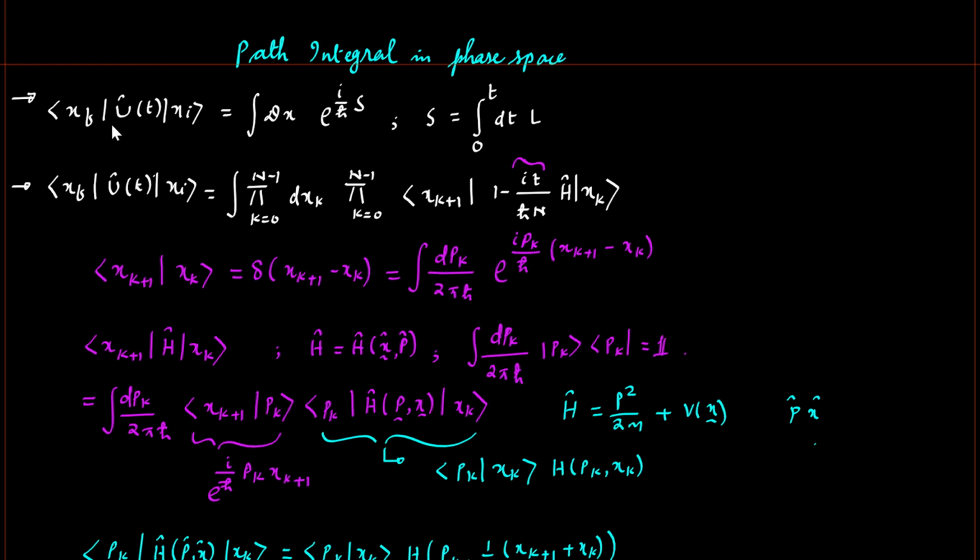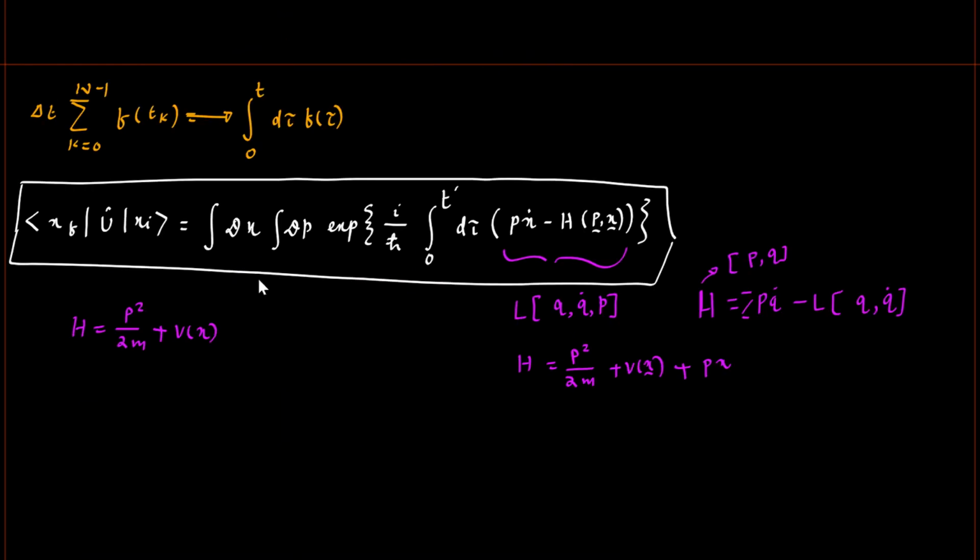Here there is no momentum integral. Whenever we choose a Hamiltonian of this form, in our path integral we don't have this momentum integral, because it is already integrated or carried out explicitly. Okay, fine, that we will discuss in our next lecture.